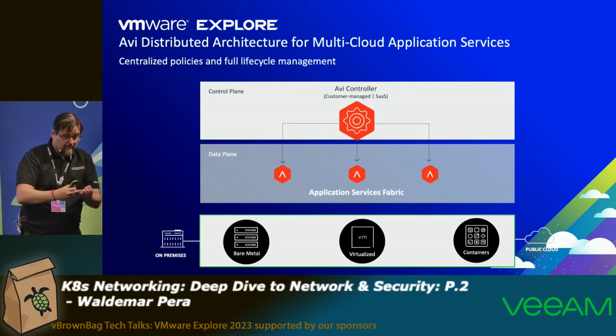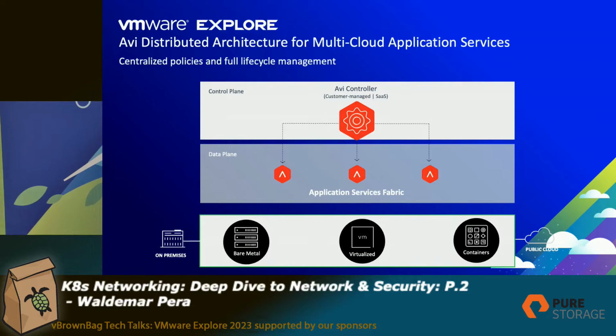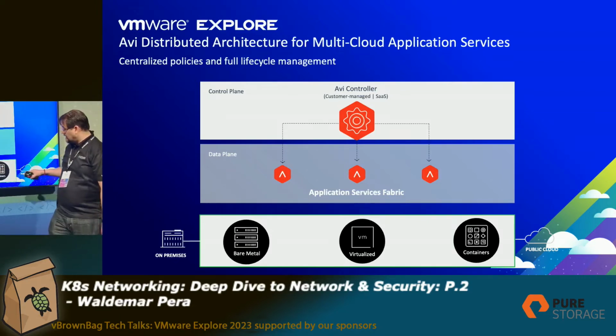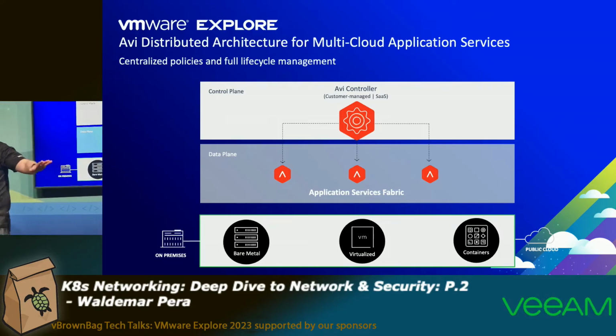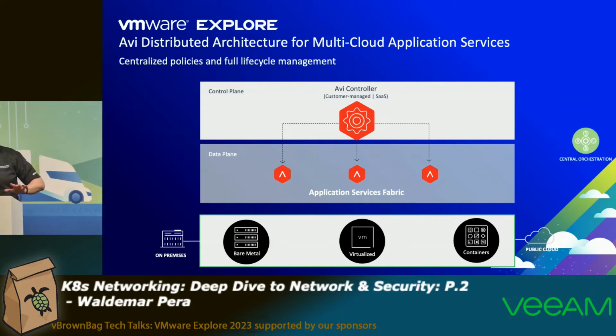It doesn't matter if it's a VM, a physical server, maybe, I don't know, a mainframe, a Kubernetes, it doesn't matter. So it's a single solution to balance everything. It's not only for VMs, it's not only for VMware products. It's the same solution.